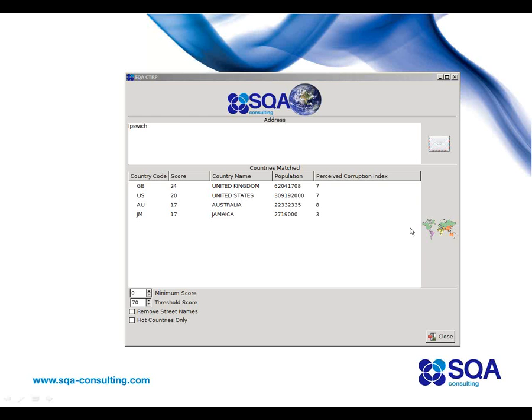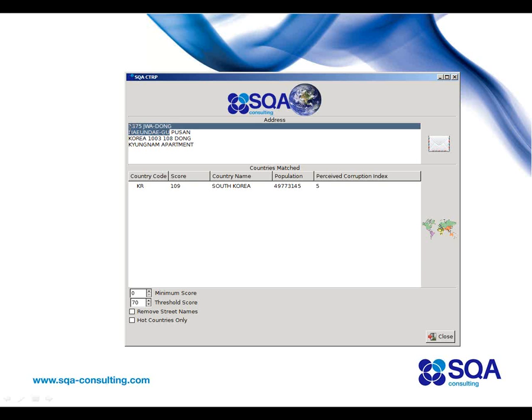And if we take one of those addresses, and this is a real address we're talking about, we can see that the CTRP screening has recognized it as being South Korea rather than North Korea, probably through the presence of Haeundae-gu, which is the name of a province of South Korea. There was another one we looked at.